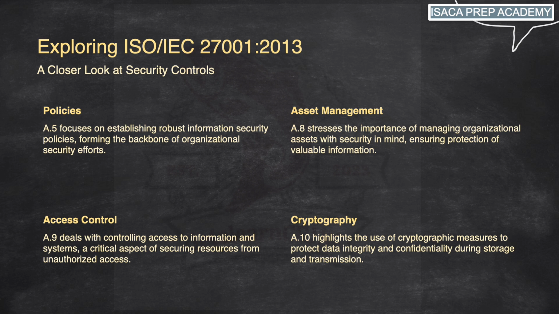Friends, cryptographic measures involve the use of mathematical algorithms to encode data in such a way that it becomes unintelligible to unauthorized individuals. This ensures that even if data is intercepted or accessed by unauthorized parties, it remains secure and protected.